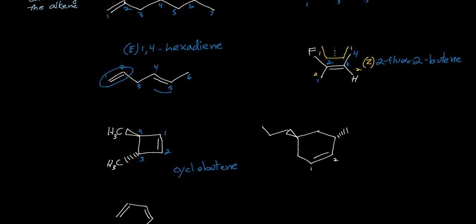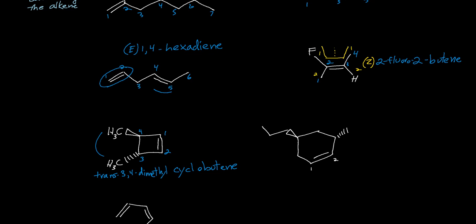So it's a 3,4-dimethylcyclobutene, but here you need the cis-trans, because one of the methyls is up and the other is down, so they're trans. Trans-3,4-dimethylcyclobutene describes that.